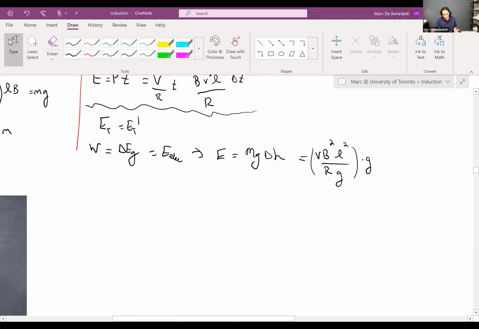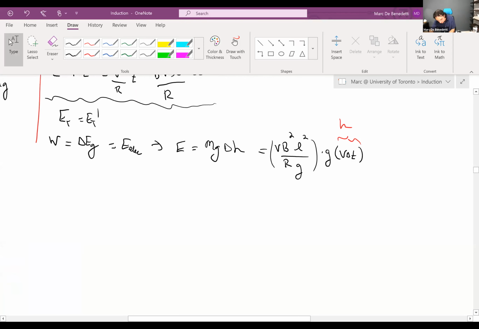Now it's moving at a constant speed, so this is just a kinematics problem. The height that it falls is simply going to be velocity times time, or I should really say delta T. So this here is going to be the height that the rod falls. And then when you simplify everything, you're going to get V squared B squared L squared over RG delta T.